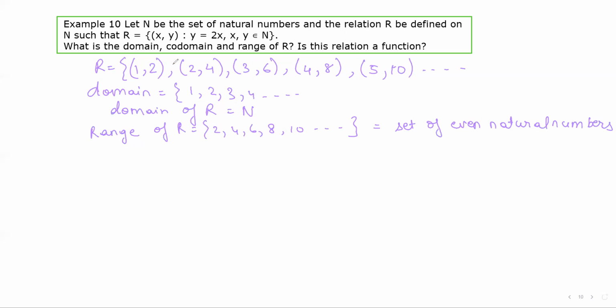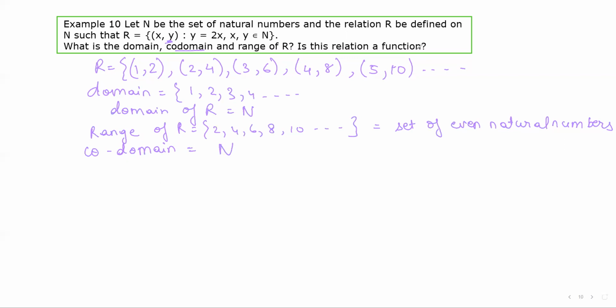Now, you also have to write the codomain. Codomain is all the values that this relation is pointing towards. Now, y is also a natural number, and all the values that y can possibly have would be all natural numbers. So the codomain is also the set of natural numbers.